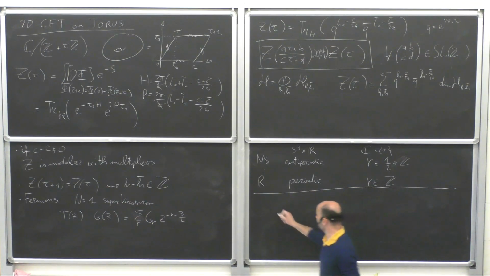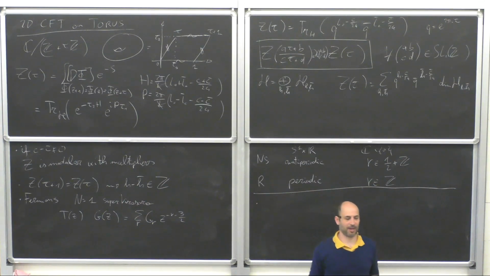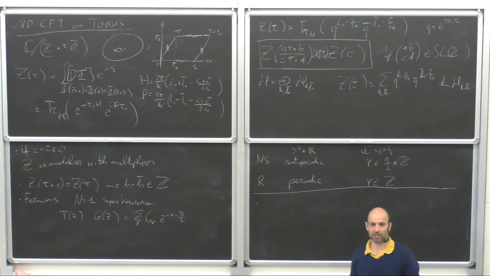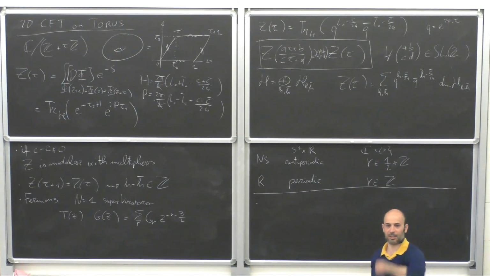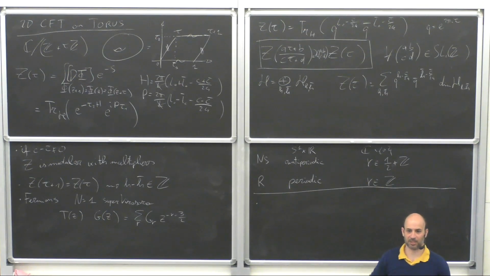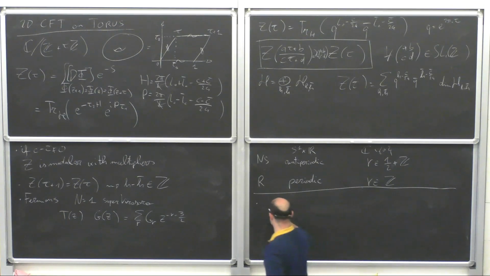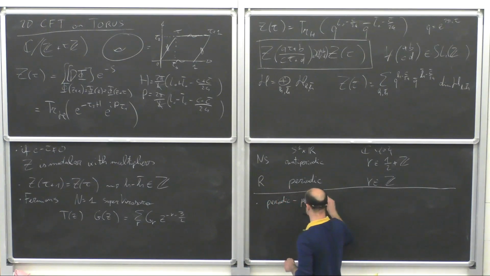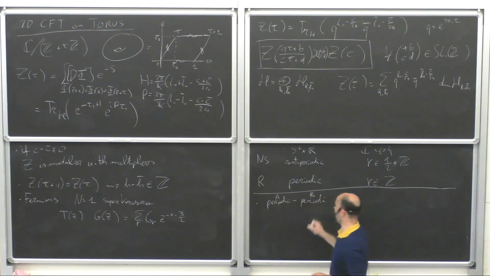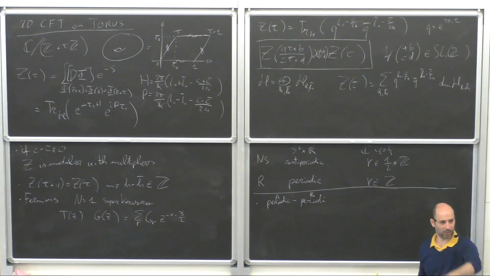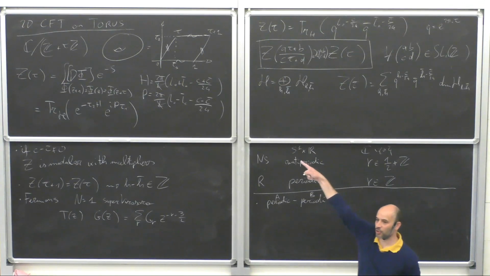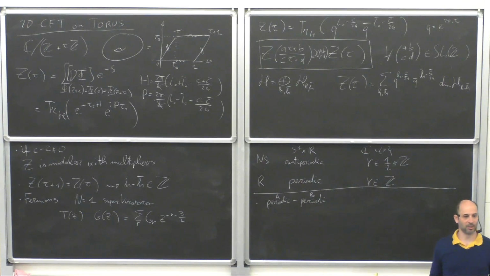The only way to have everything invariant is to put periodic conditions on the fermions under both the A and the B cycle on the torus. If you put periodic conditions with respect to the A and the B cycle for all your fermions, then you expect the partition function to be modular invariant, SL(2,Z) invariant.